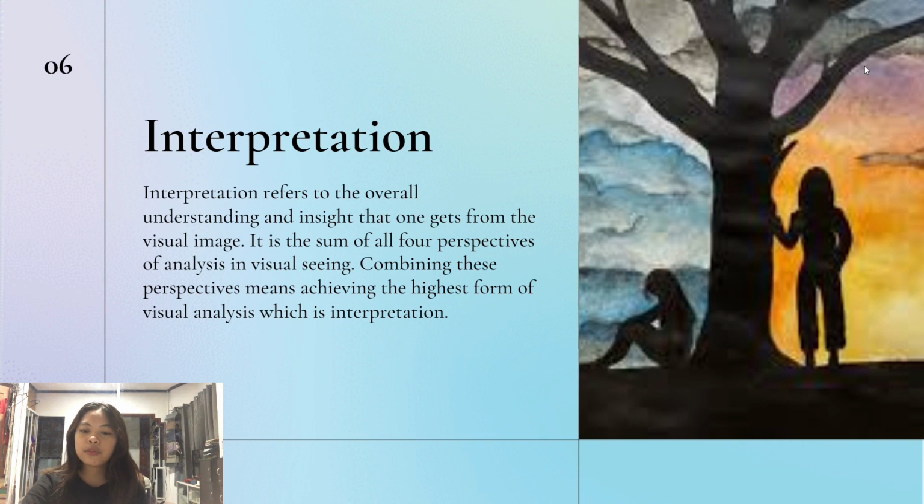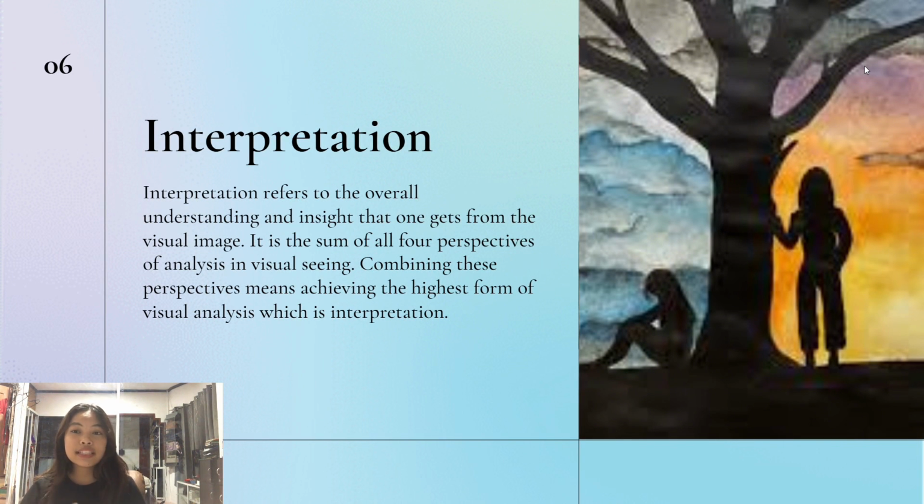So interpretation is where you need to interpret the picture, from identifying the description of the image and analyzing it using the four perspectives, which are the form, the symbol, the meaning, and the idea. And the interpretation is the last step of analyzing the visual art.